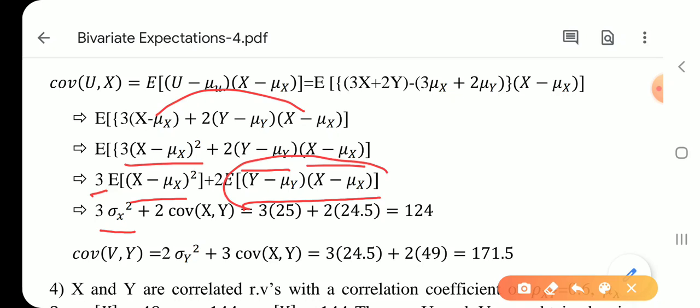And we know this is the formula for covariance of xy, so it is 2 times covariance of xy. Let us put the values of sigma x square and covariance of xy. That is 3 into 25 plus 2 into 24.5. We get the value of covariance of ux as 124.